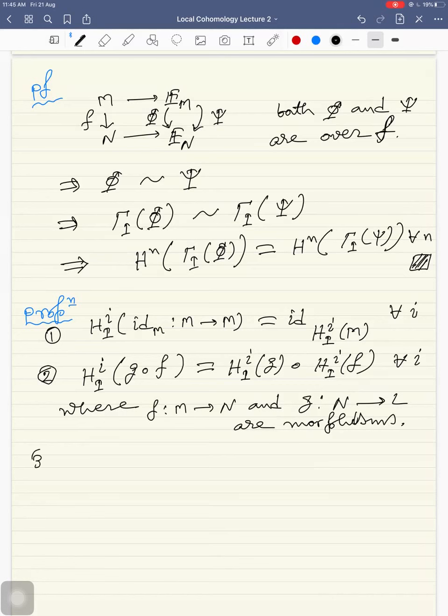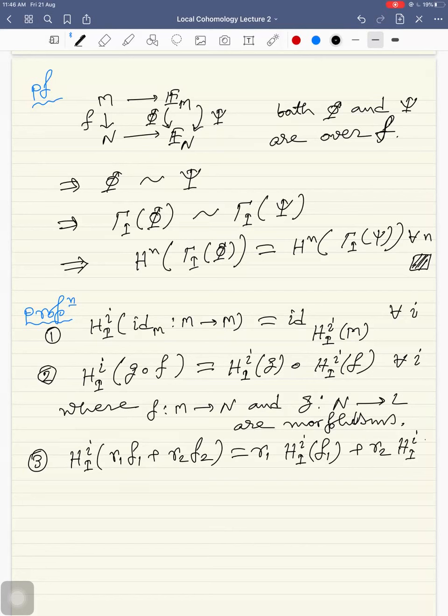And third one, it also preserves R linearity. So Hi of R1 F1 plus R2 F2 is the same as R1 Hi of F1 plus R2 Hi of F2, for all R1, R2 elements of R, and both F1, F2 are morphisms from the same module M to N.